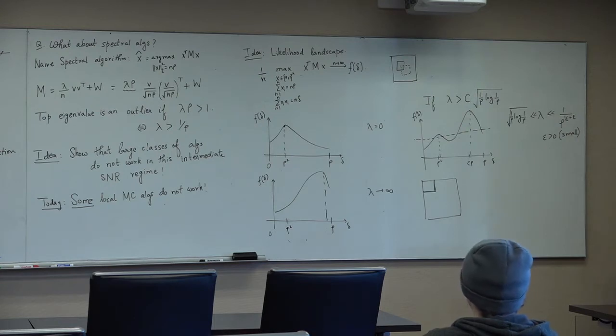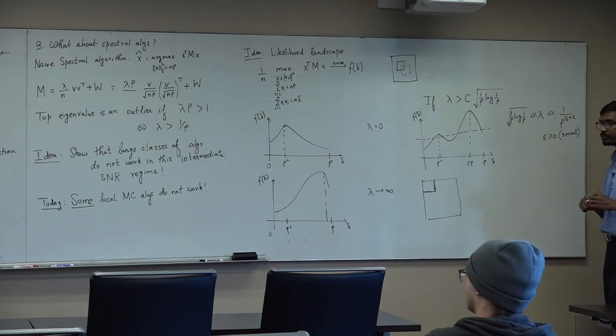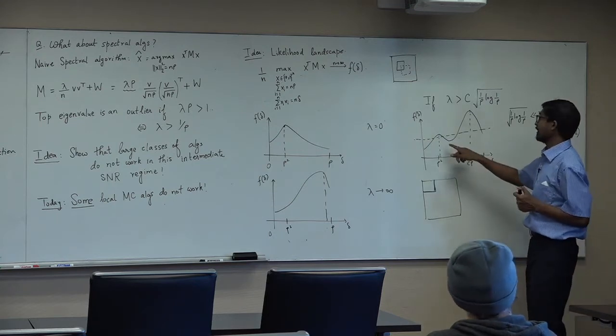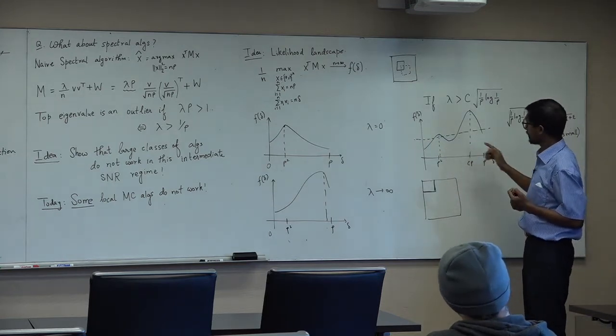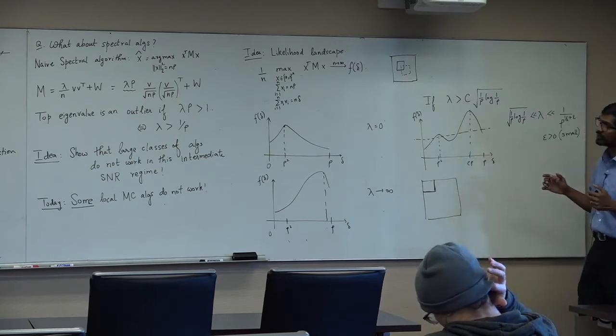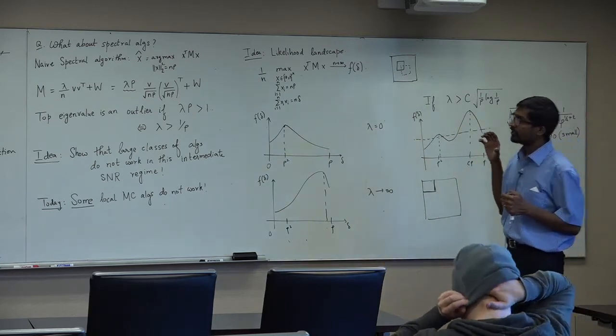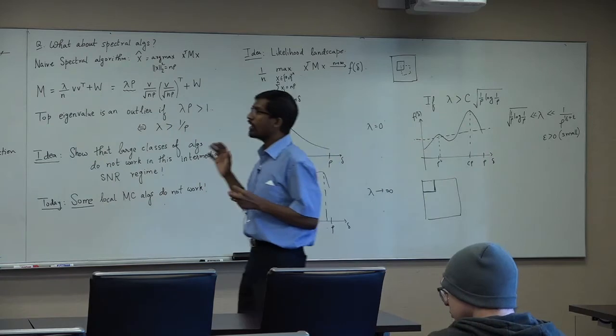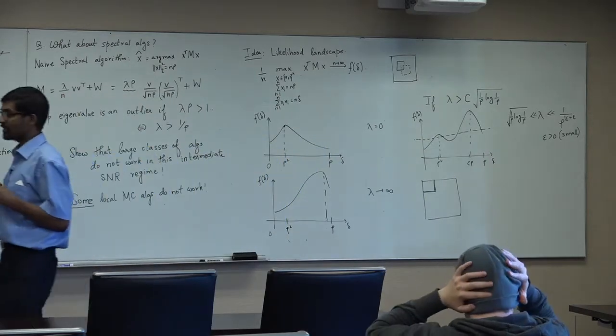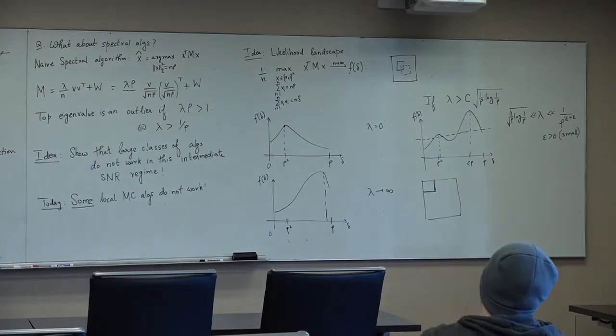And is there any intuition why this peak is around rho squared? The intuition is that the maximum number of submatrices essentially have rho squared correlation with the hidden truth. That's where the entropic maximum is.